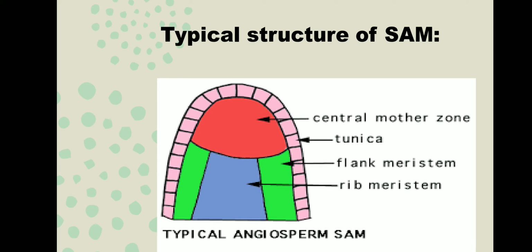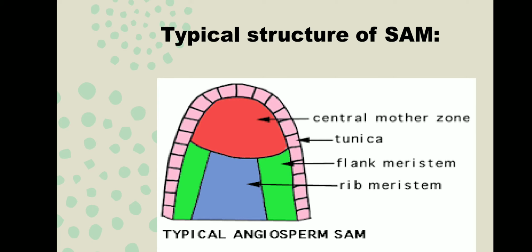In the central position is the rib zone. This rib zone is in close association with the central zone, and from it the plant gives rise to the different internal tissues of the stem.